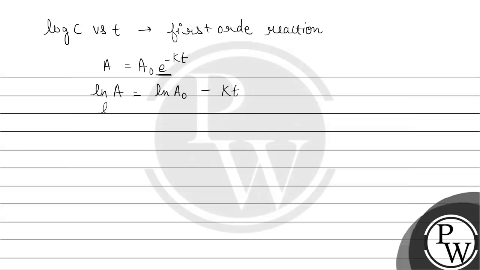So concentration को हम एक साइड ले जाएंगे, ln A divided by A naught is equals to minus kt.